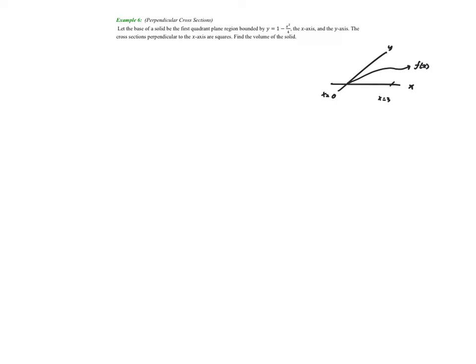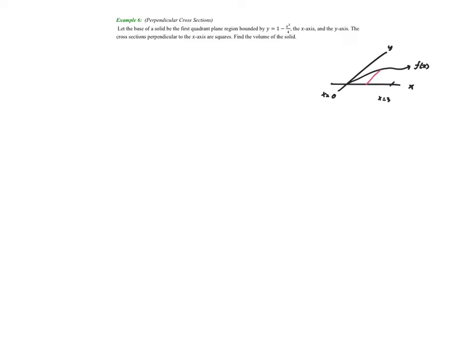And this space is going to be created by cross sections, which are triangles. So let's say they're isosceles right triangles with one of the legs right on the xy plane.